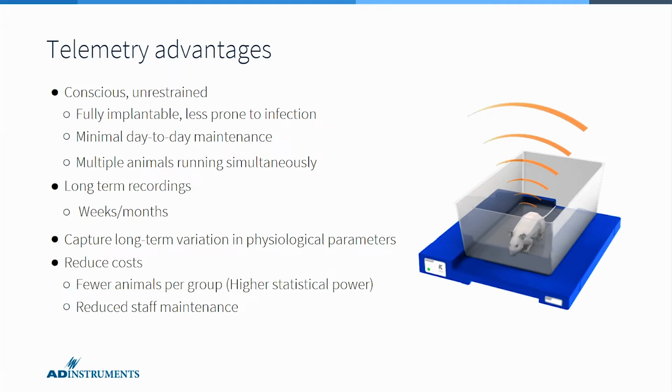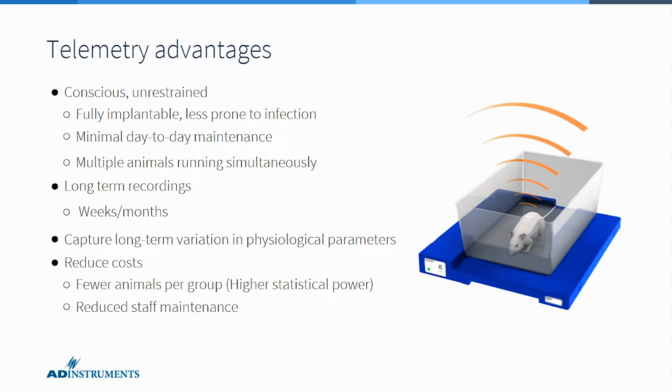This helps you to capture long-term variation in physiological parameters for aging studies, perhaps, or to look at disease progression over time. And although telemetry systems can come with quite a significant cost at the beginning, over time, they do actually allow you to reduce your costs because of the quality of data that you can collect and the possibility of doing within-animal controls.